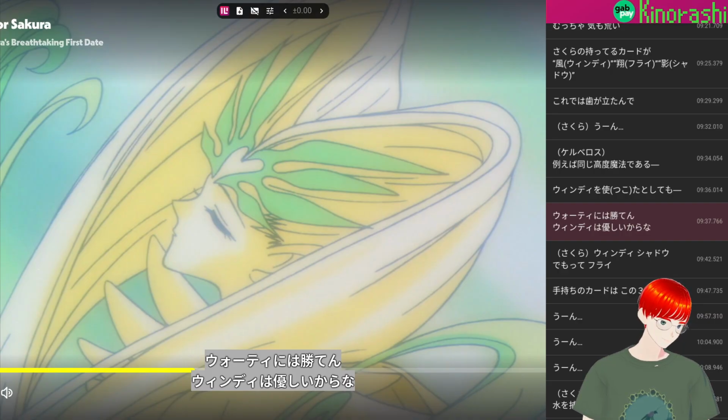The sentence ending particle na is a casual emphatic expression often used to convey a sense of conclusion, explanation, or shared understanding, commonly found in spoken Japanese. The entire clause windy wa yasashi kara na translates to because windy is kind.